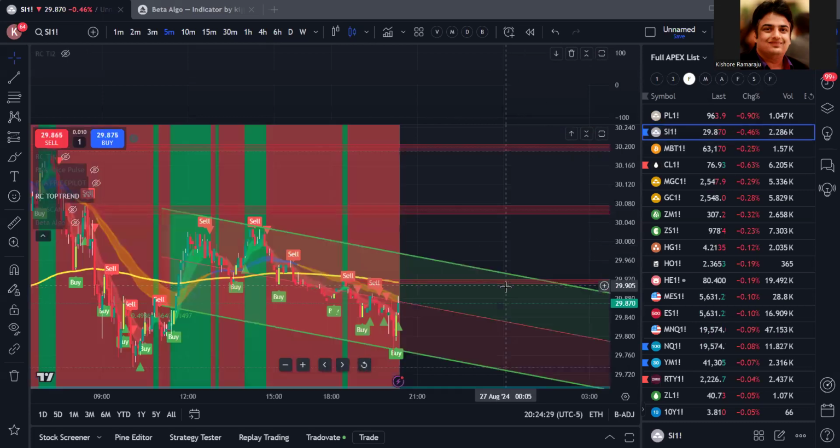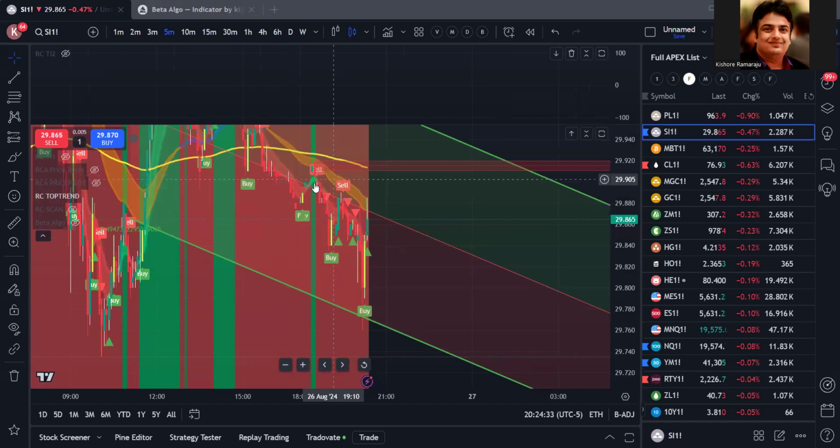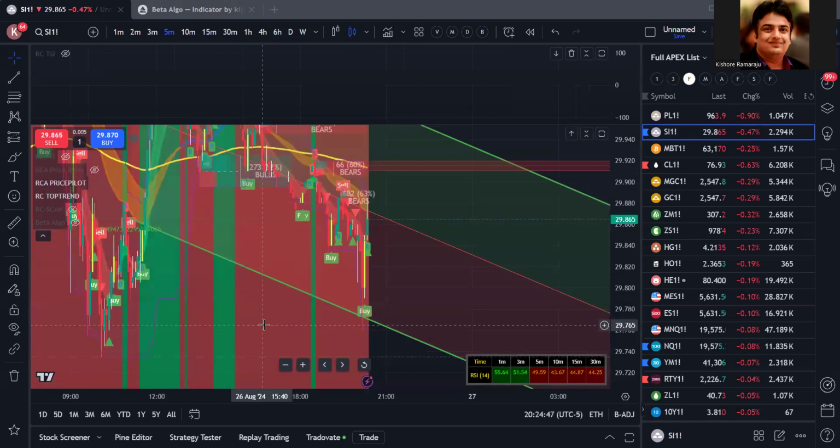Same thing, I'm waiting for a sell signal on silver. So overall, it is bearish. It came all the way down, and then there is a small pullback. Now it may touch this, and then I may get a sell signal. How do you know it is bearish?